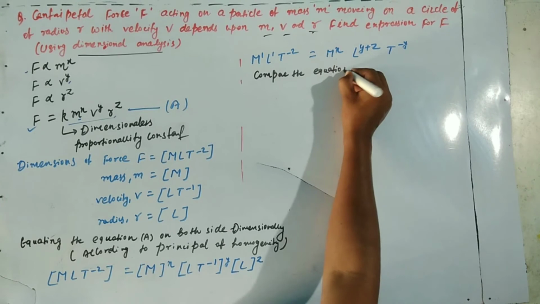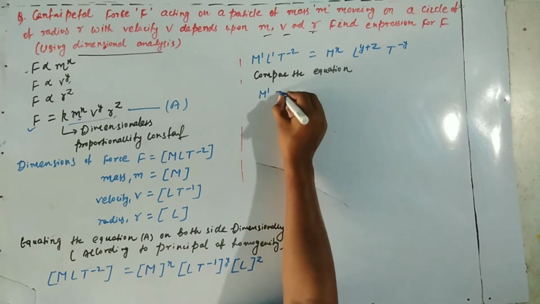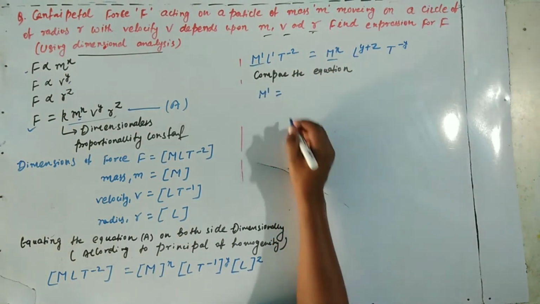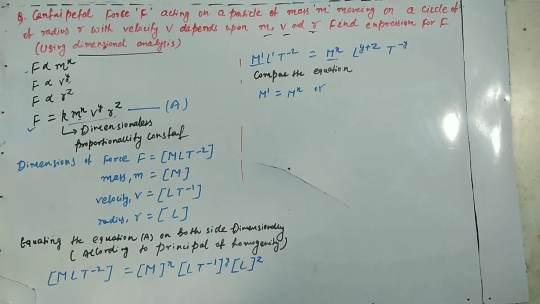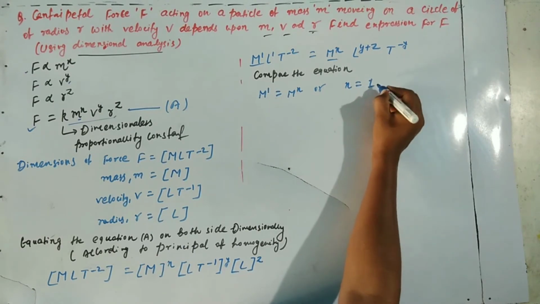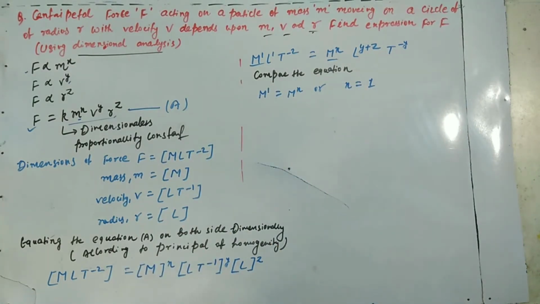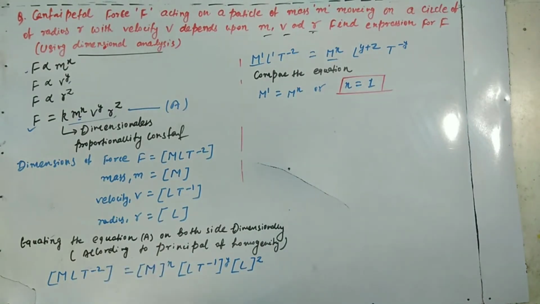Now compare this equation. When we compare this equation, we find the values of x, y and z. First compare the mass term. So M power 1 equals M power x, or x equals 1. So we find the value of x is equal to 1.